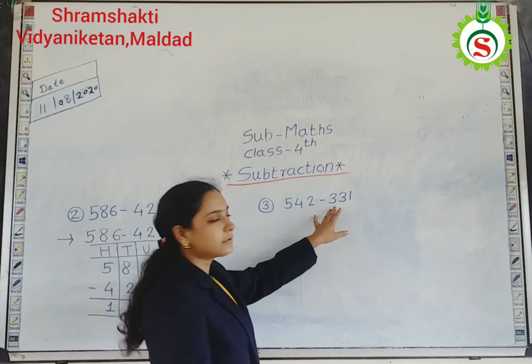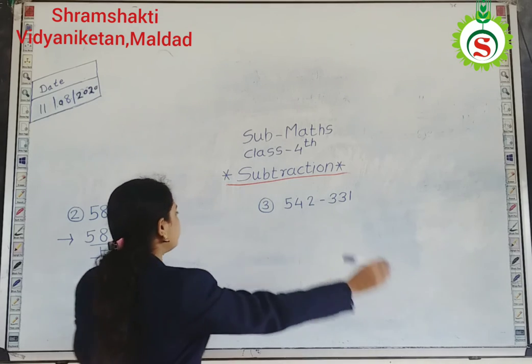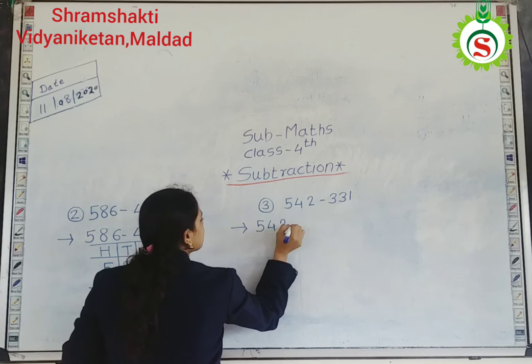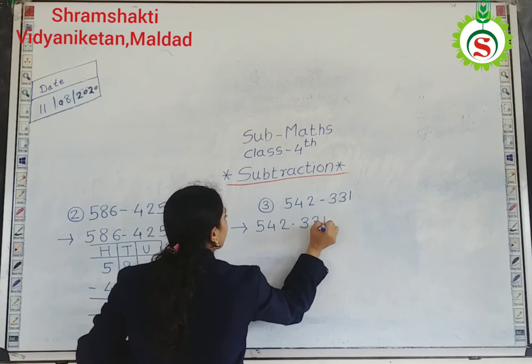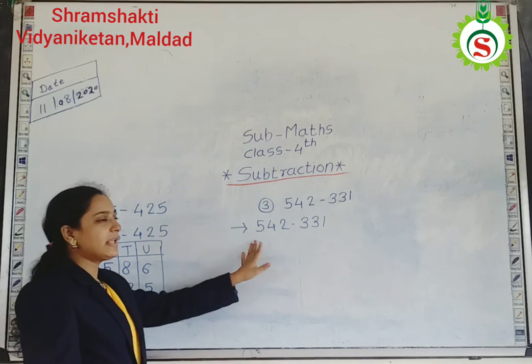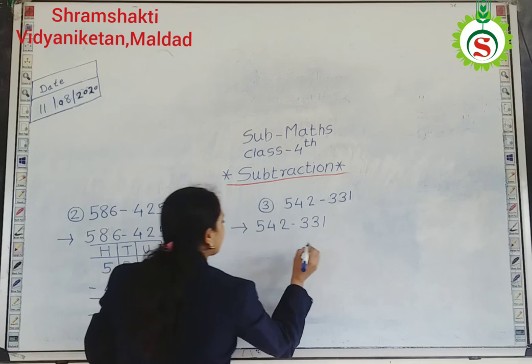Okay students, next example. 542 minus 331. First write down the given example as it is. 542 minus 331. Then arrange the given example vertically.